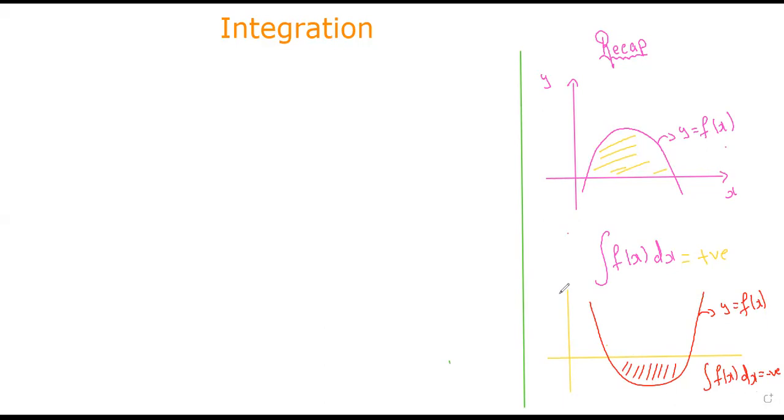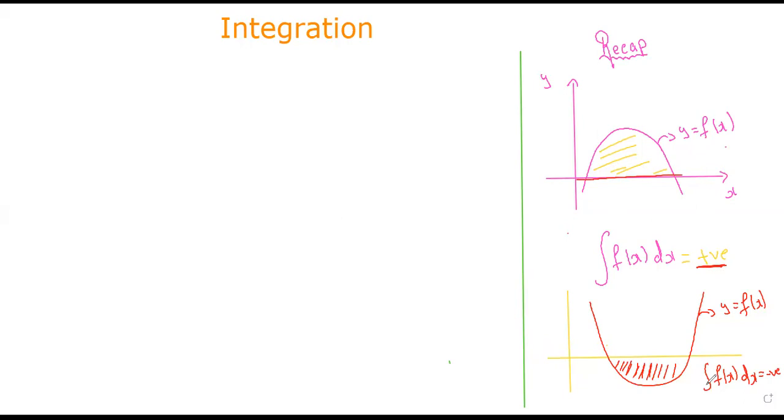We have one thing to understand. Integration gives you the area between the curve and the x-axis. If the curve is above the x-axis, like in this case, your area would be positive, okay? Area is always positive; I'm just telling you the answer of the integration. But let's say you have been asked to find this area.